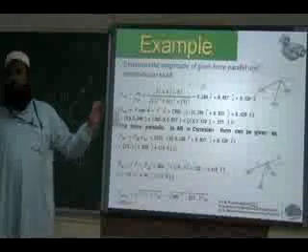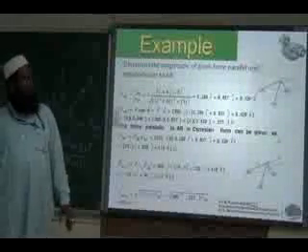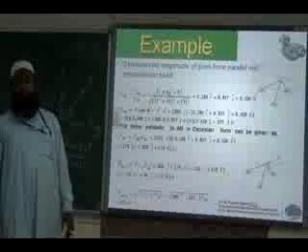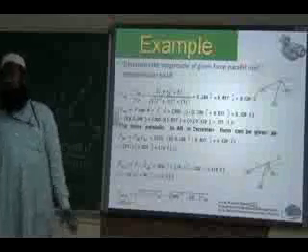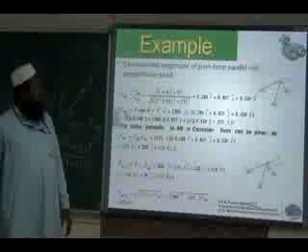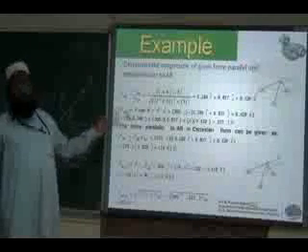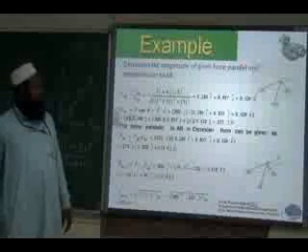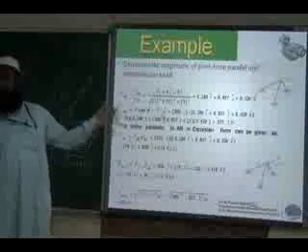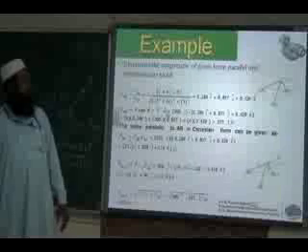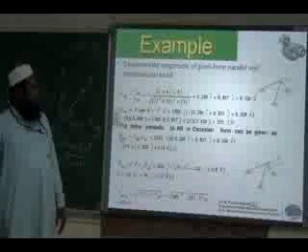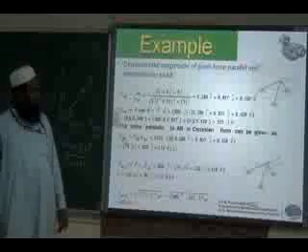So the first step in this problem, if you want to resolve the force into two components, is to find the position vector for the particular line along which you have to resolve, then get the unit vector. After that, you get the scalar for FAB. The scalar for FAB is obtained by using the dot product, F dot U. Then after getting the scalar, we get the vector form of FAB.